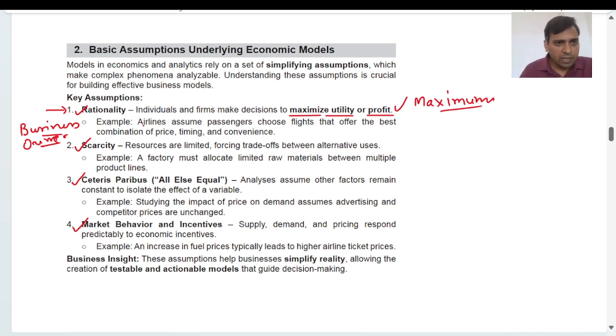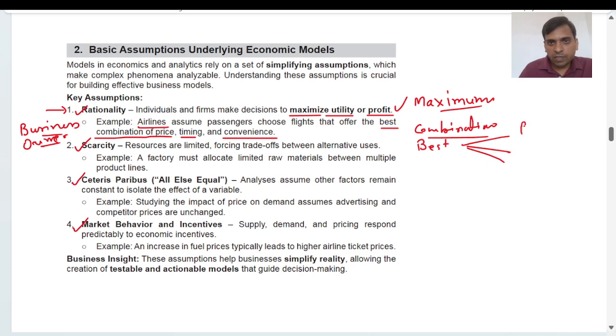Just like in this case, for example, airlines assume passengers choose flights that offer the best combination of price, timings, and convenience. We are talking about combination, and we are talking about the best combination. And we are considering 3 things in the best combination. First thing is price. Second thing is timing.